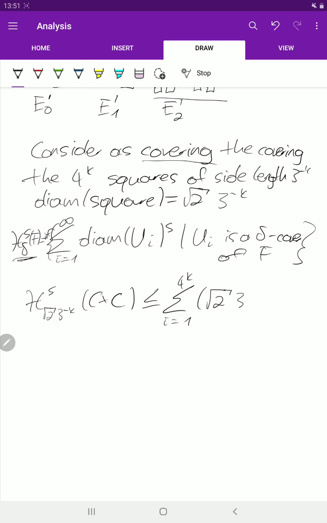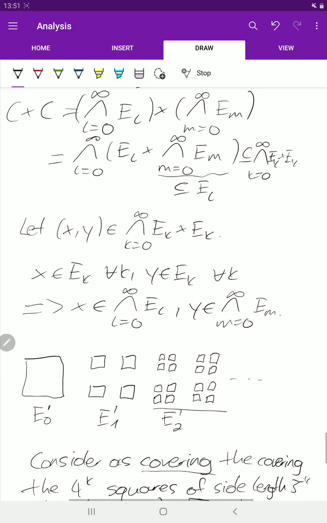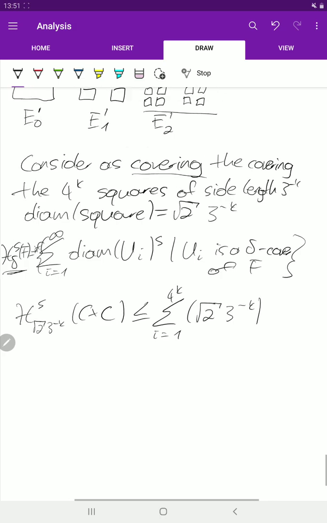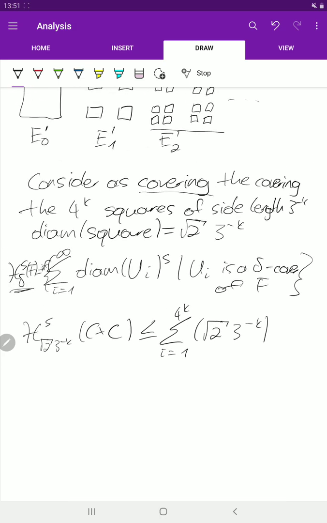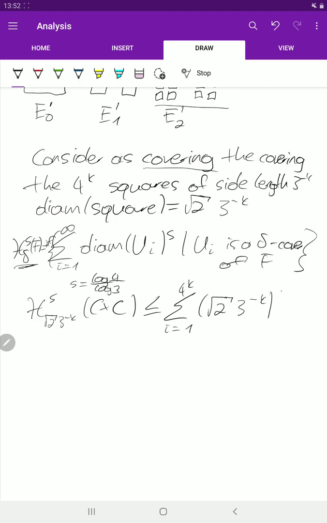And we want to look at the value of s, which we hope to be the Hausdorff dimension, and we said that this should be the Hausdorff dimension. So let's set s to be log 4 over log 3.